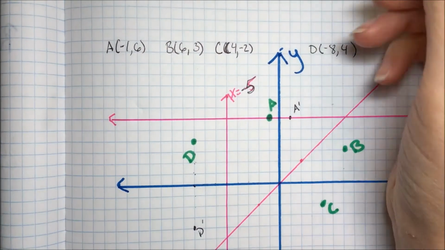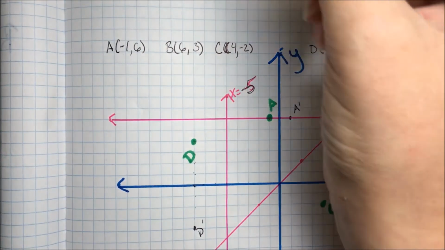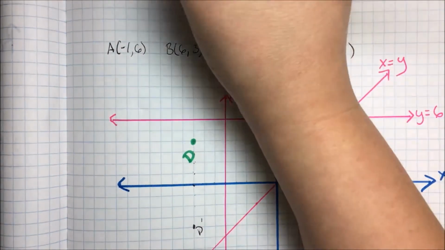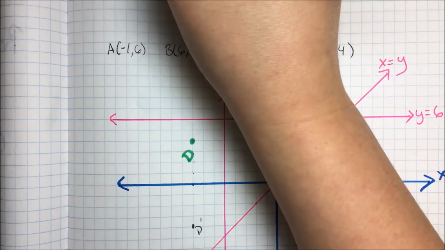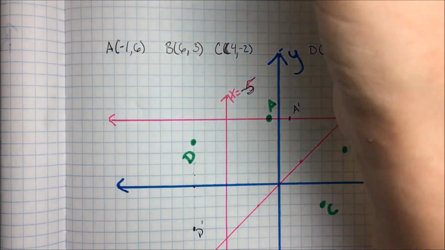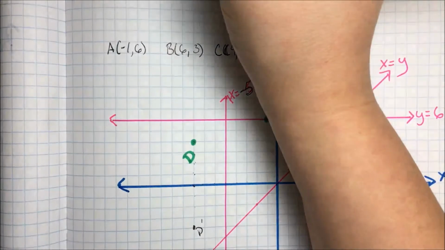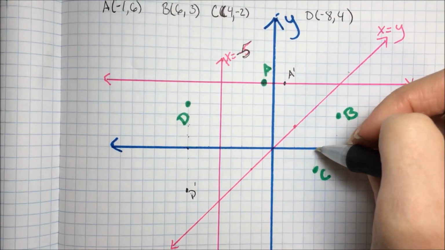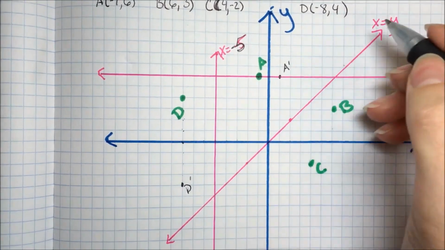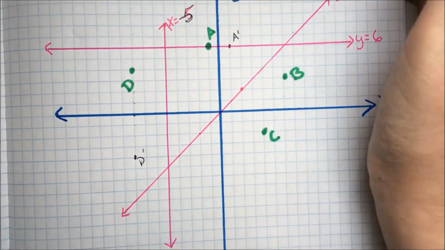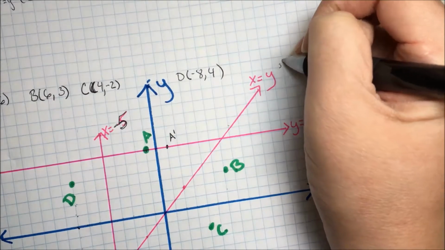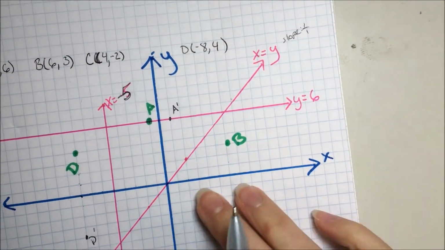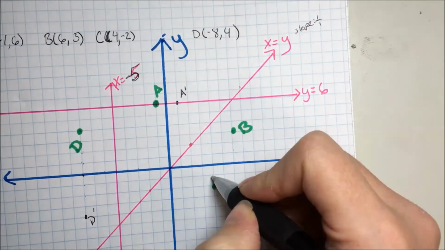Let's get a little bit more complicated. Let's say I want to reflect in the line x equals y. Say I want to reflect C. That means I need to count perpendicular to x equals y. So x equals y has a slope of 1 over 1. The perpendicular slope would be going the opposite direction, so -1 over 1.